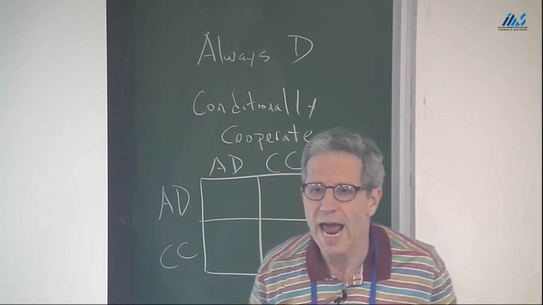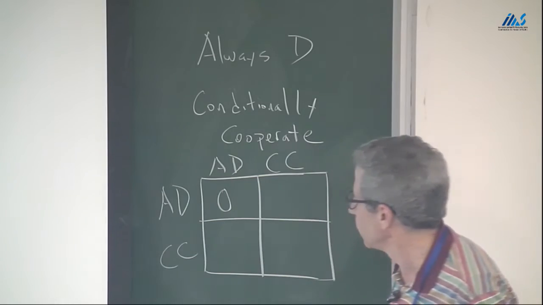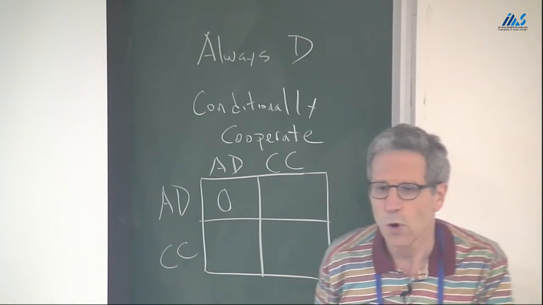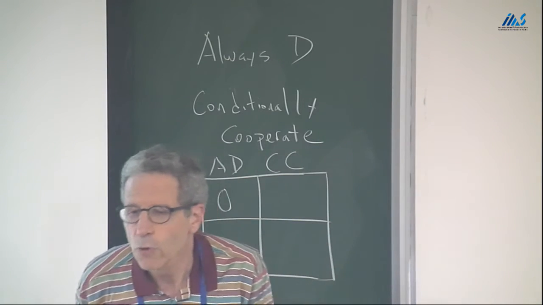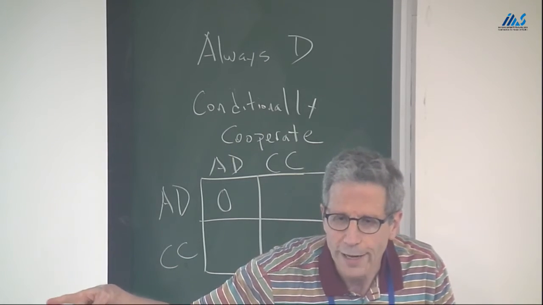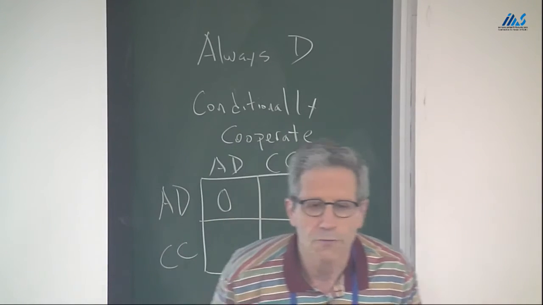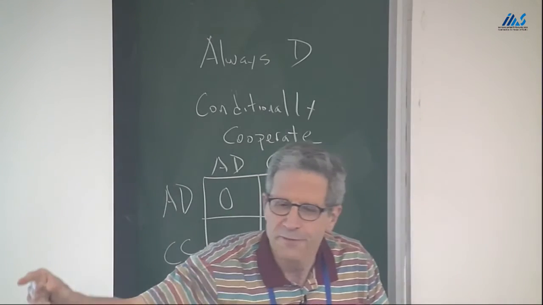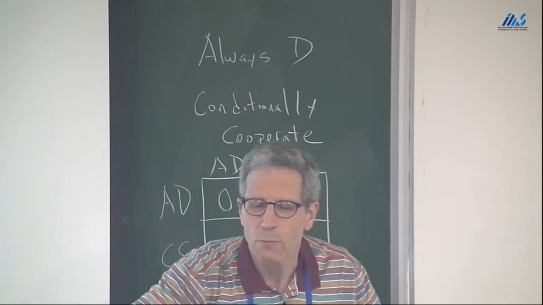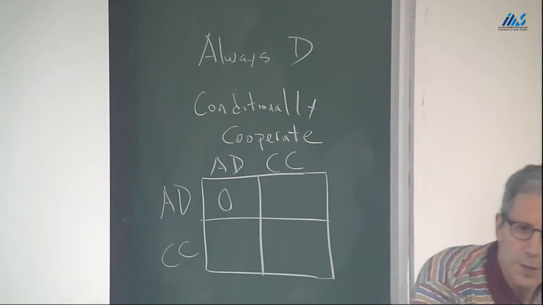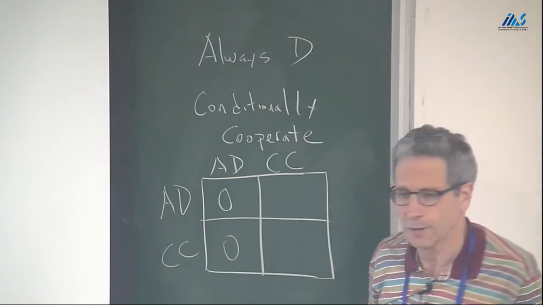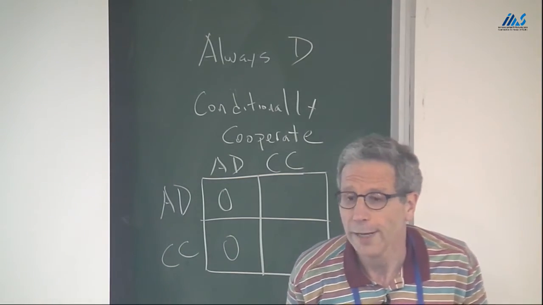So its long-run average payoff is 0. Conditionally cooperative against always D is going to get hurt the first period. It's going to try to cooperate, and it's going to get a payoff of -1, but it's going to very quickly learn its lesson, and it's going to play D from that point on. And so if we're looking at a long-run average, it's going to be very close to 0, right?